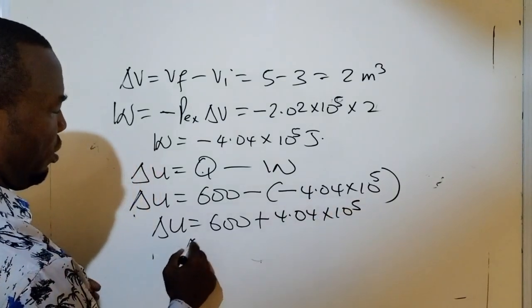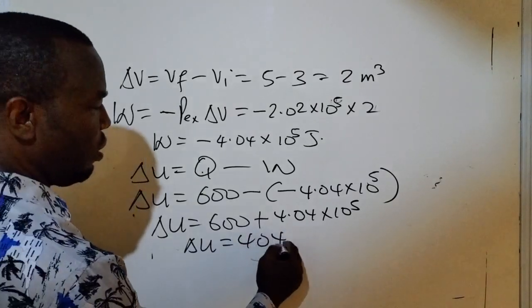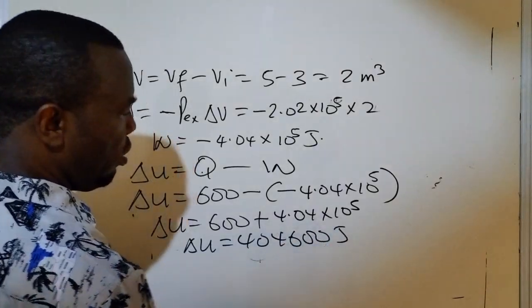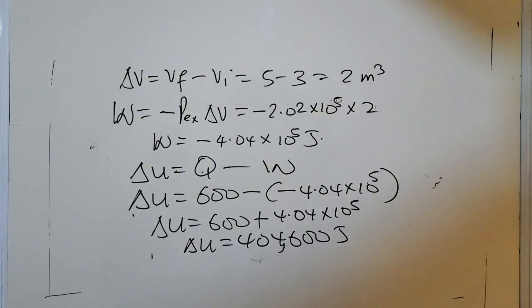So when you solve this, your answer becomes a positive answer, which is 404,600 joules is the change in internal energy for this system.